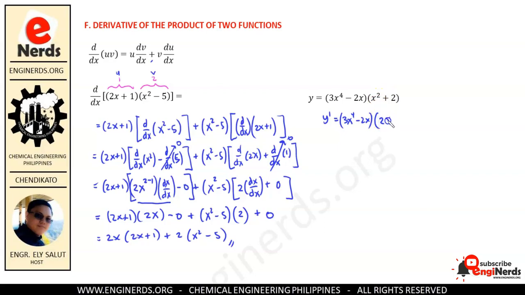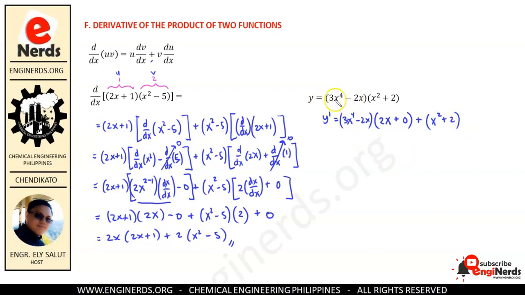Then we have x and subtract our exponent by 1. So we will have 1 in our exponent, no? And then plus, what's the derivative of 2 is equal to 0. Okay, then plus, kokopyahin natin itong isang function natin. We have x squared plus 2.